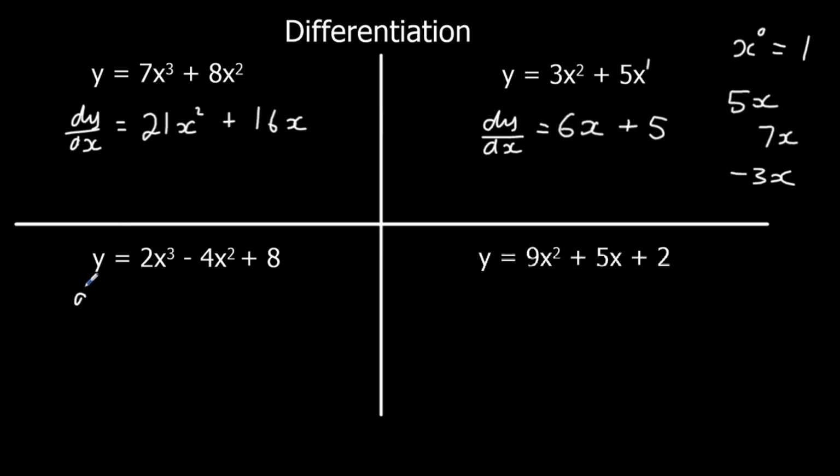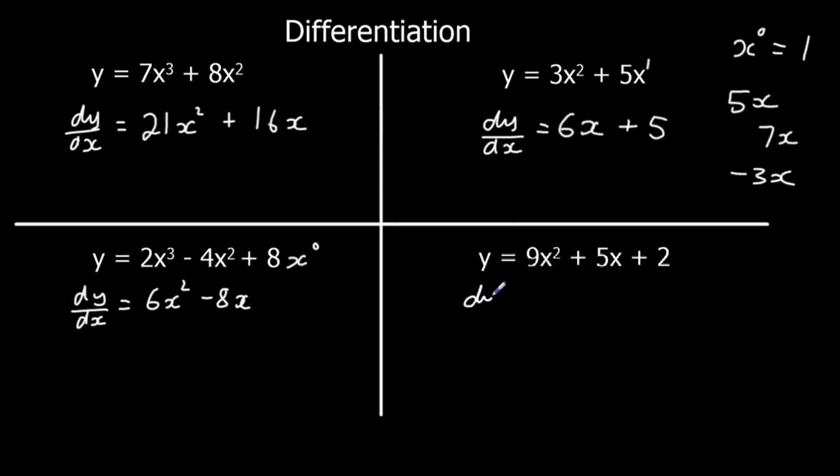So down here now, dy dx, times by the power, and take 1 off the power. At 8 by itself, if you think of it as 8x to the power of 0, and you multiply by the power, it's going to disappear. Anything times 0 is 0. So whenever you've got a number by itself, it just disappears.